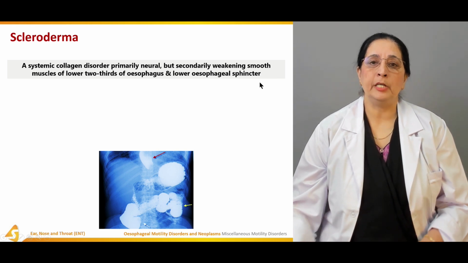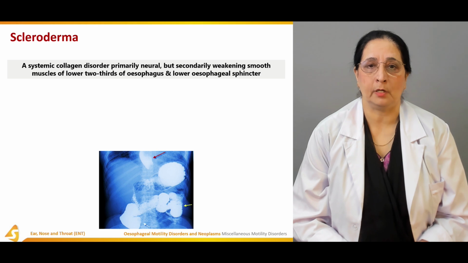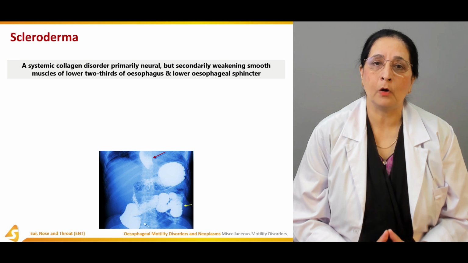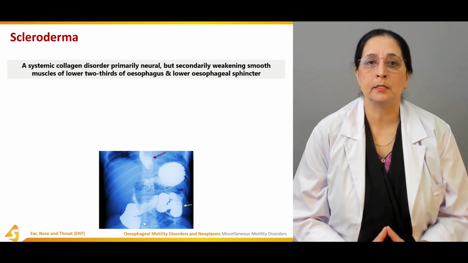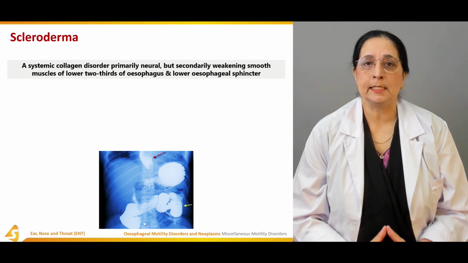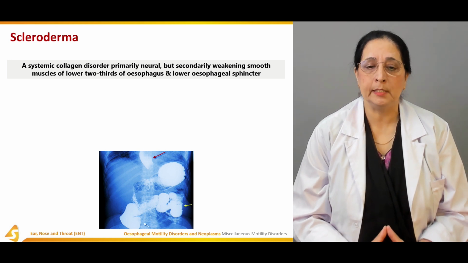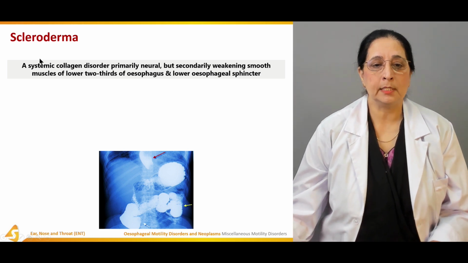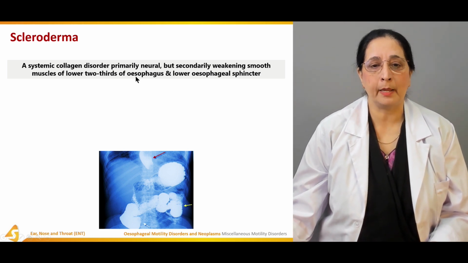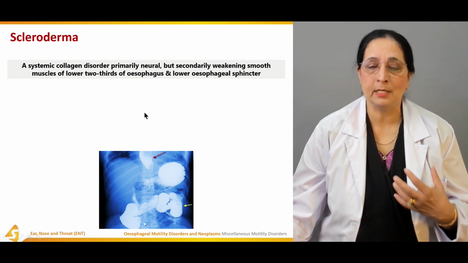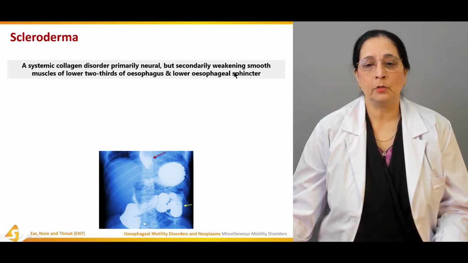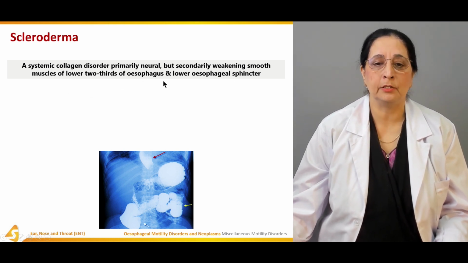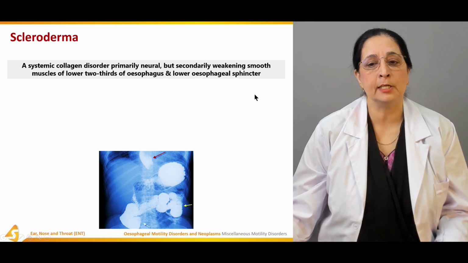It's a systemic disorder that can affect different organs and different parts of the body, not only the esophagus. So it is a systemic collagen disorder, primarily neural, but it also causes weakening of the smooth muscle of the lower third of the esophagus and the lower esophageal sphincter.